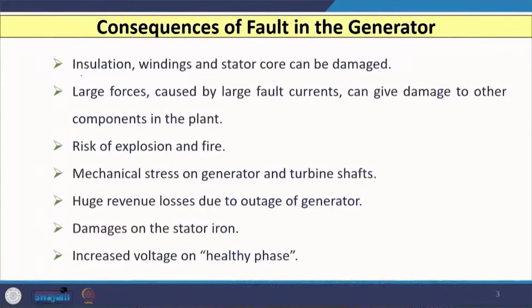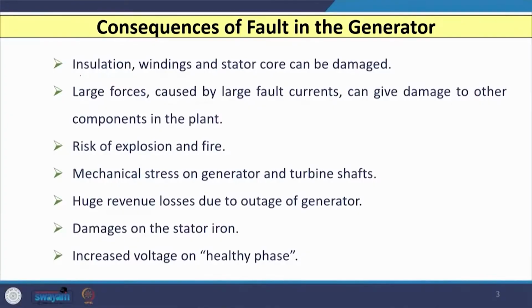The point is, if any fault occurs in the synchronous generator, then the consequences of these faults are damage or deterioration of the insulation, windings can be damaged, or the core of the stator can be damaged. So, this is one of the consequences of the occurrence of a fault inside the generator if it is not cleared.